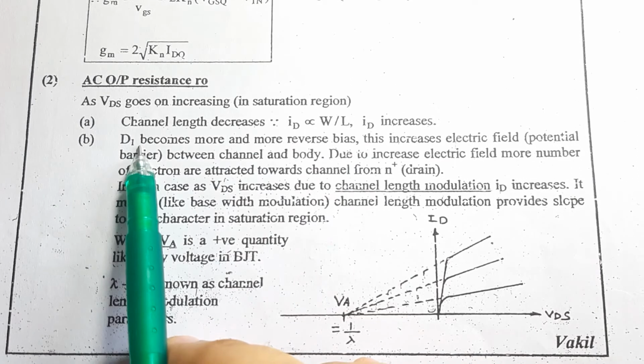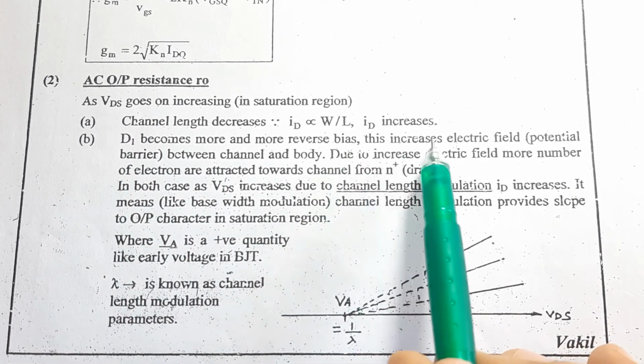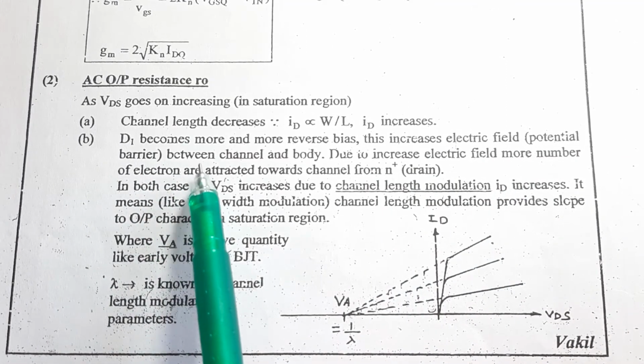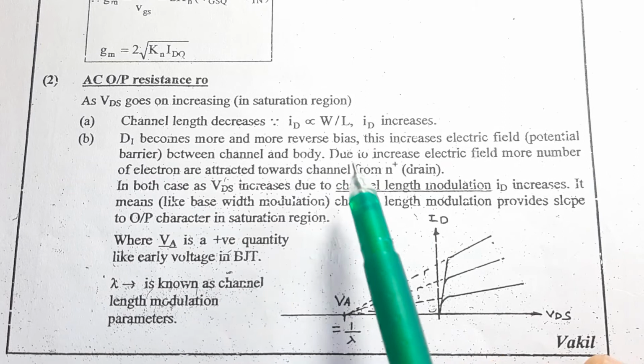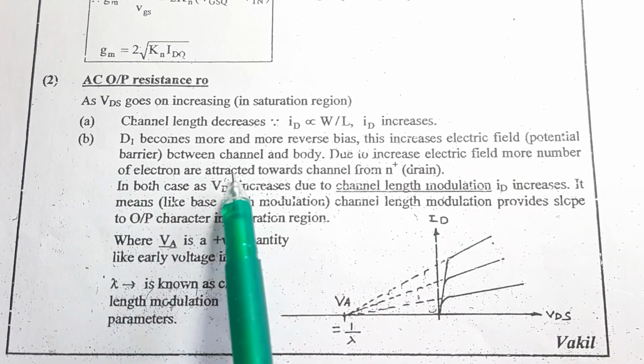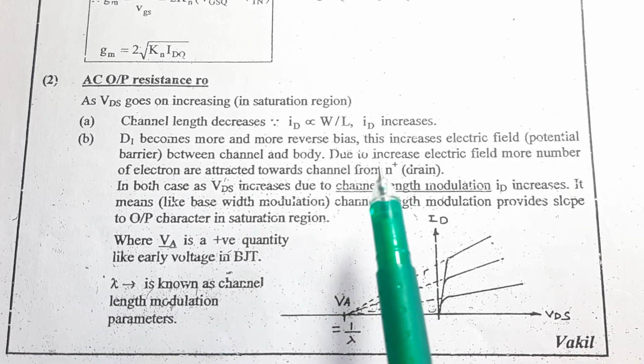Now D1, the diode, becomes more and more reverse biased. This increases the electric field, or the potential barrier between the channel and the body, as we had discussed. Due to the increased electric field, more electrons are attracted towards the channel from the drain side, the one on the right side.